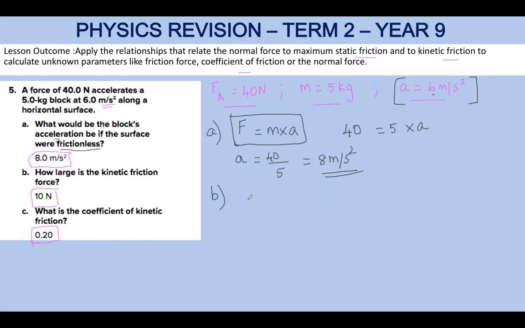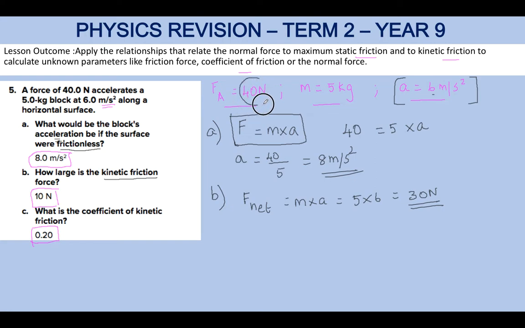Now, the net force acting on the object will be the mass of the object multiplied by acceleration, again the same formula, but this time we use the acceleration 6, right? 5 times 6, that is 30 Newton. So the object has a net force of 30 Newton because that's the actual acceleration, but we need to find out the kinetic friction.